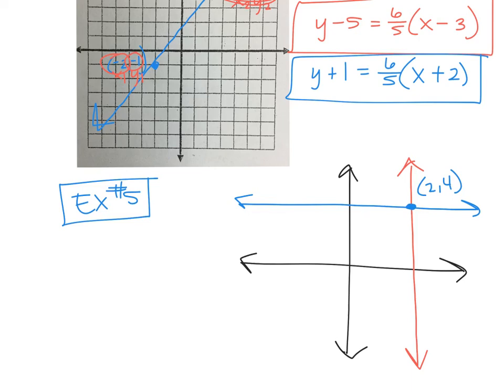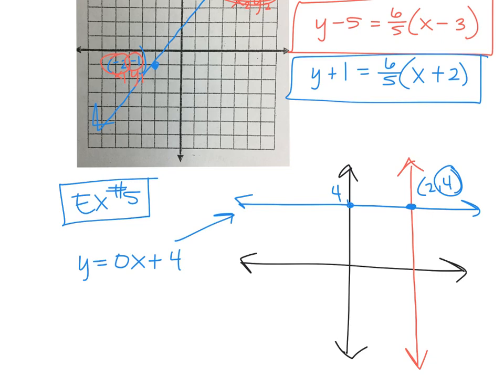Well, let's just think slope-intercept form. Okay, with the blue line, it would be y equals 0 times x, because our slope is 0, plus what? What's b right now? 4, right? My y-intercept is that 4. This right here is at 4. So y equals 0x plus 4.